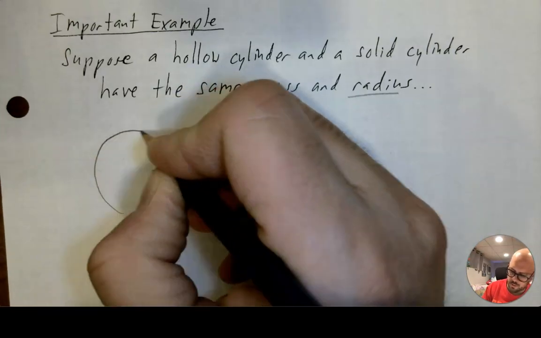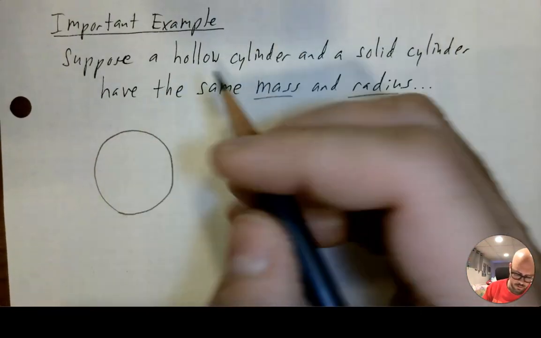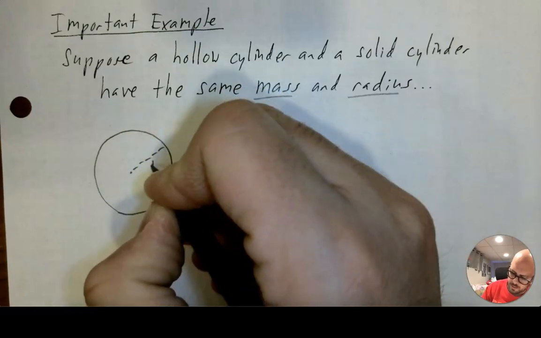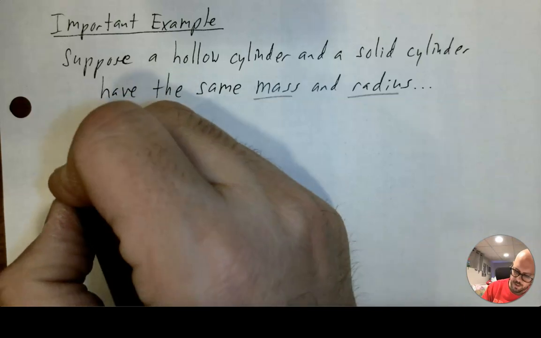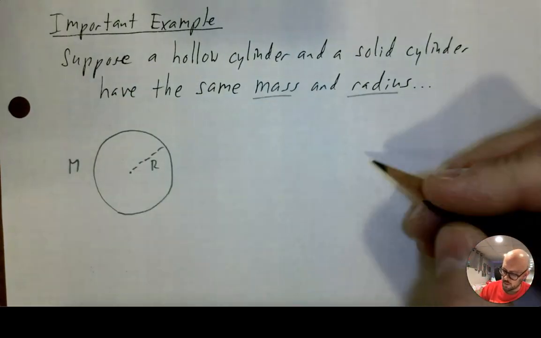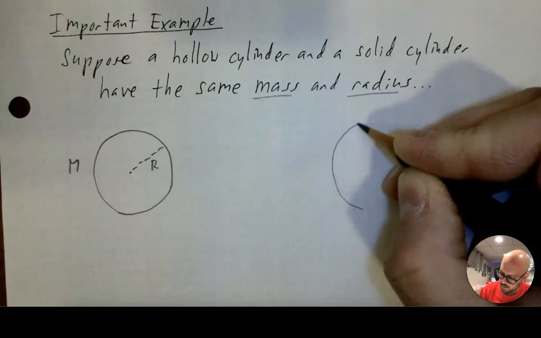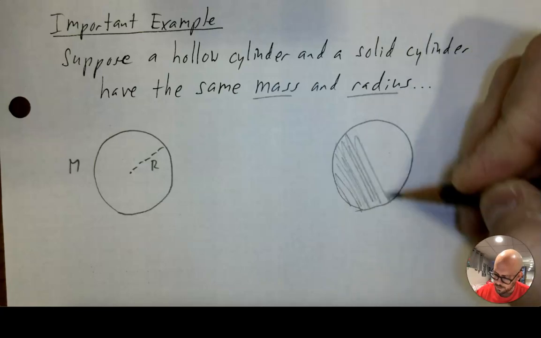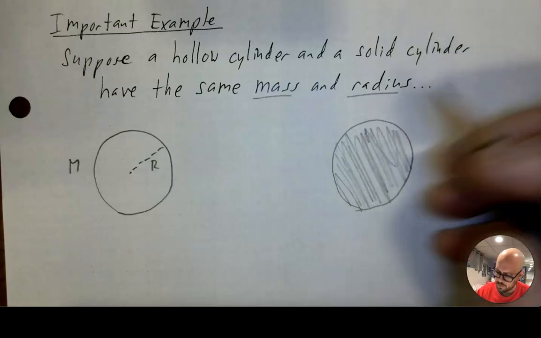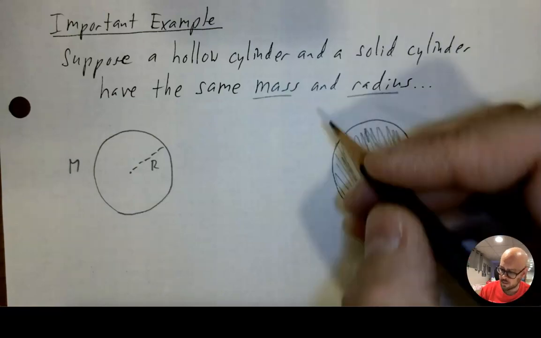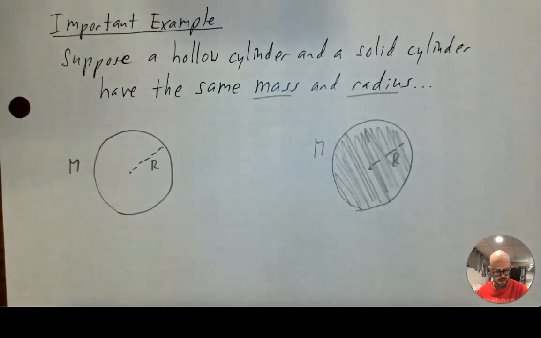So the hollow cylinder is going to look like this, and it's going to have a radius R. It's going to have a mass M. And then you have a solid cylinder, and I'm going to try and make it the same size. It's going to be filled in because there's mass throughout it. It also has a radius R and then a mass M.